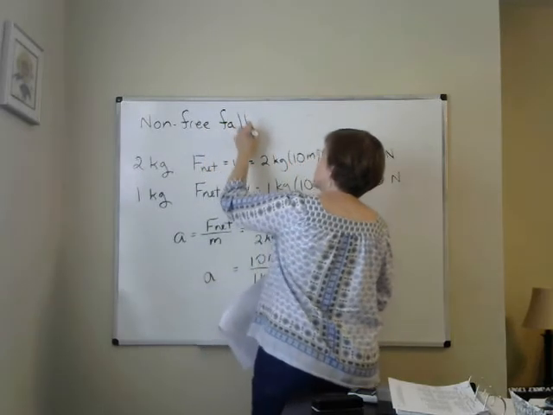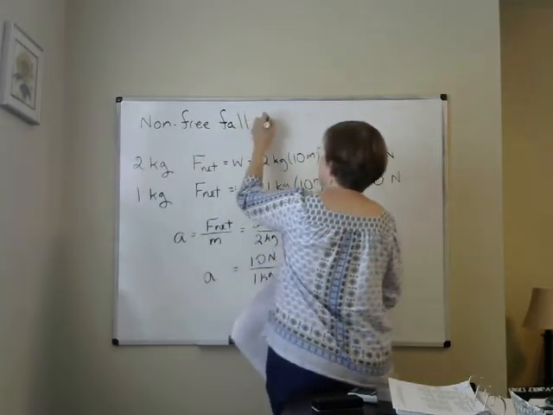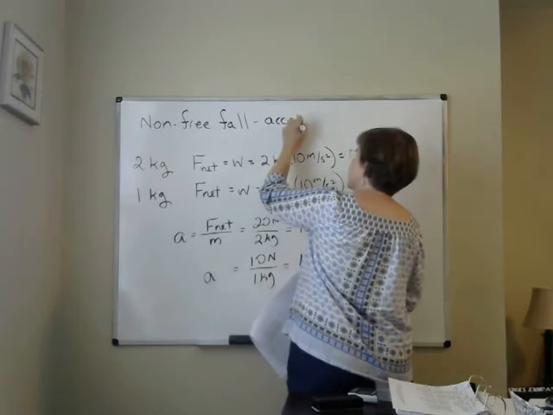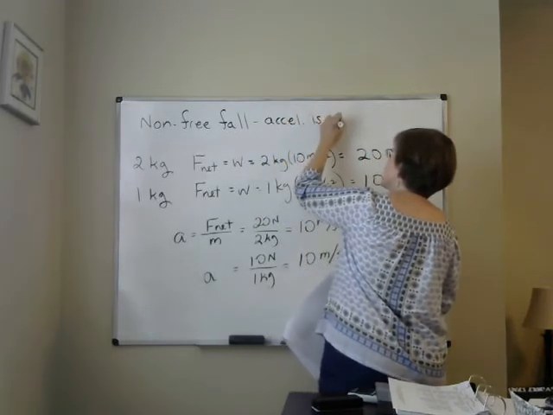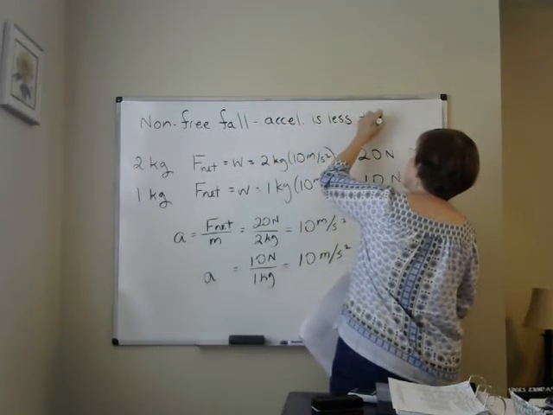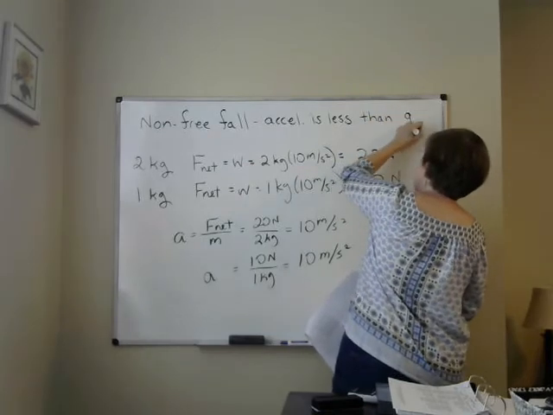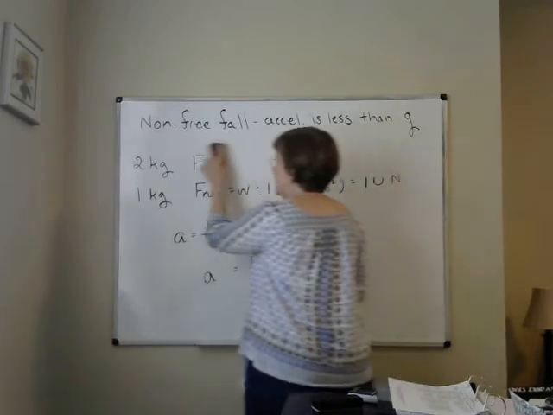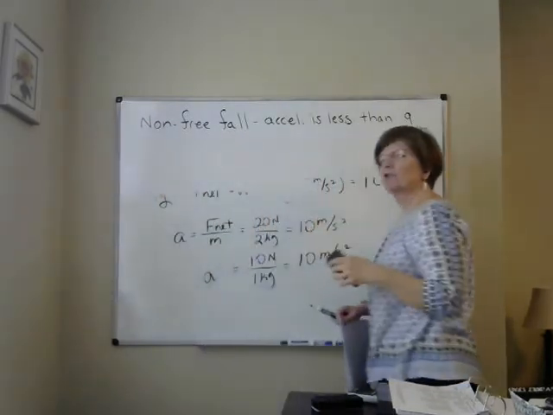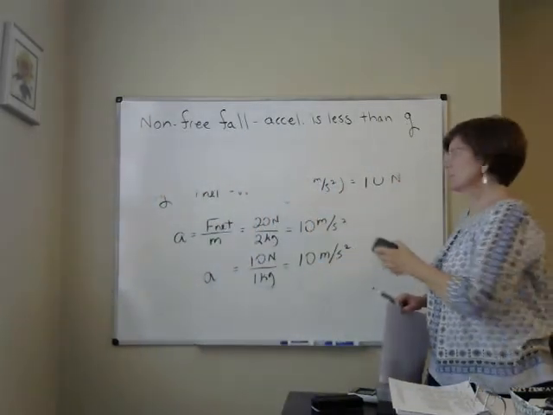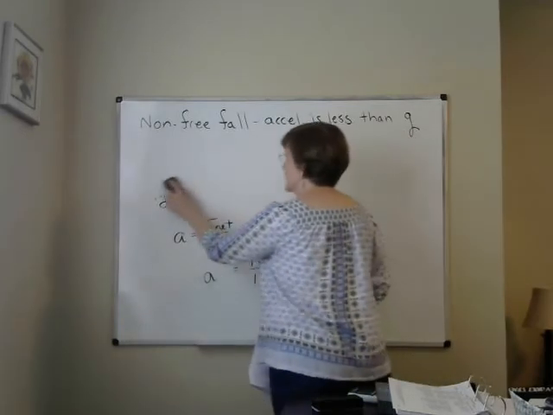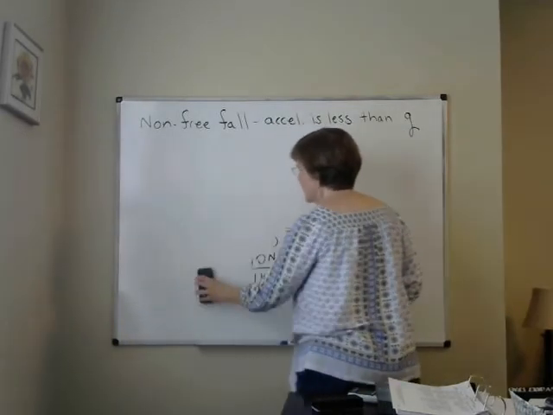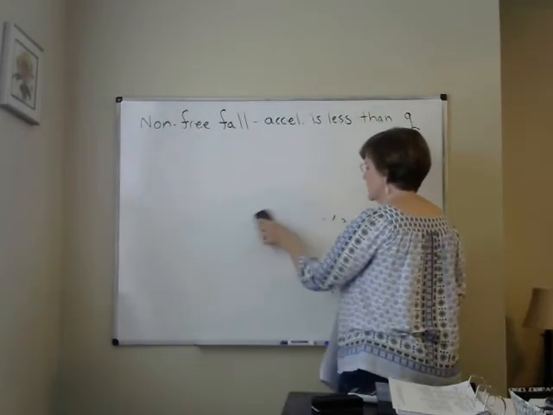Well, if I'm in a state that's not free fall, the acceleration is less than g. And the reason the acceleration is going to be less than g is this is a situation where it's not possible to ignore air resistance. And there's a lot of real-life cases where it's not possible.